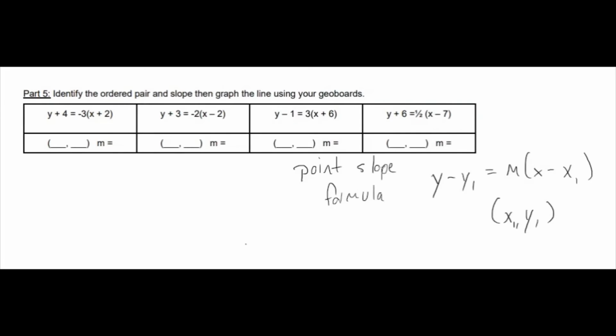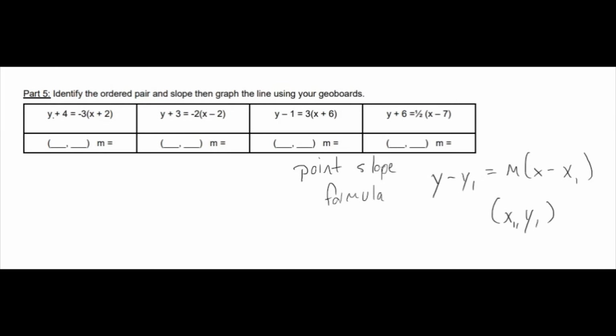Next, we want to see if we can pull an ordered pair and a slope given the equation in point-slope form. Just as a reminder, point-slope is y minus y1 is equal to m times x minus x1, where x1 and y1 are the ordered pair on the line.